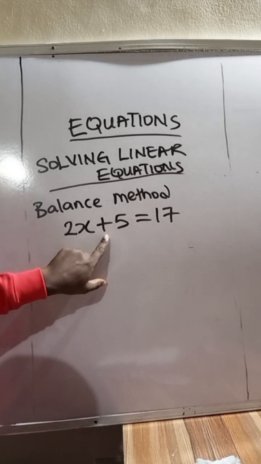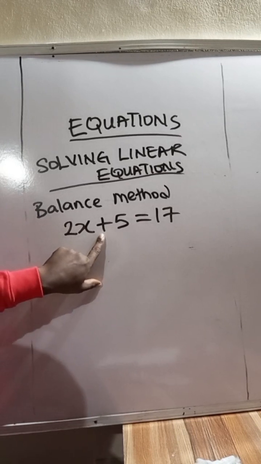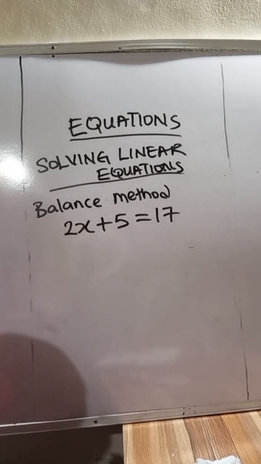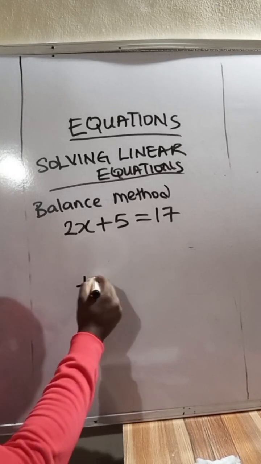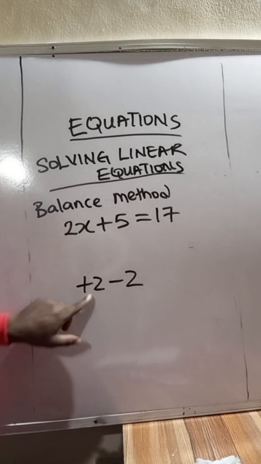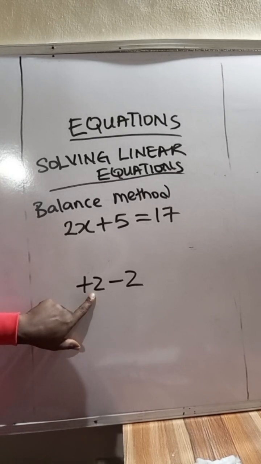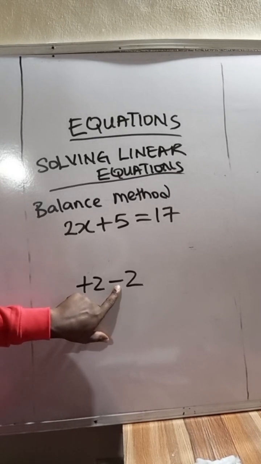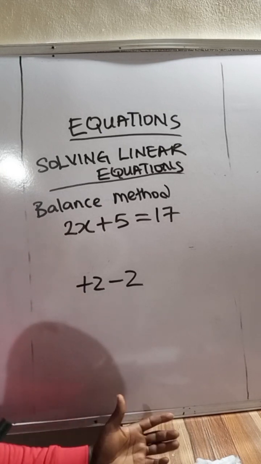So here is plus 5. In order to eliminate plus 5 on the left, we are going to introduce the opposite of plus 5 to the left, so that both will cancel each other out. For example, if you have plus 2 minus 2, if someone comes to you, gives you $2, which is a plus to you, and takes the $2, which is a minus to you, the question is, what did he give to you?